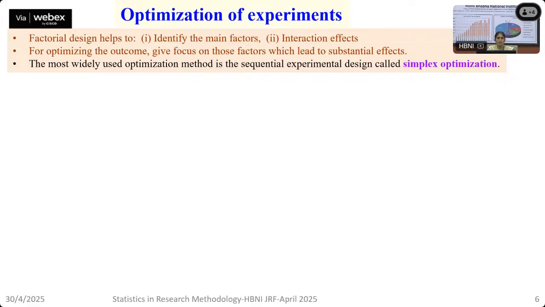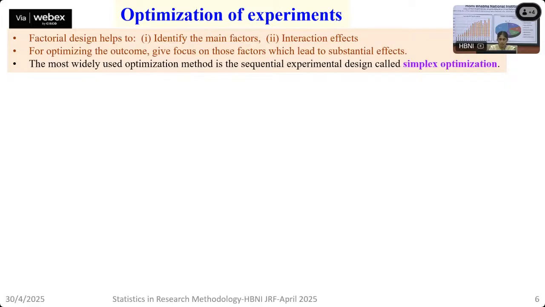Those which are not affecting much, wherever the F values are less than the critical F values, F ratio, those you can neglect and go ahead so that you can save time and energy. Then during the optimization process, if you do this elimination at each and every step, your optimization method becomes simpler and simpler. So the procedure is a sequential elimination of the negligible factors at each and every level.